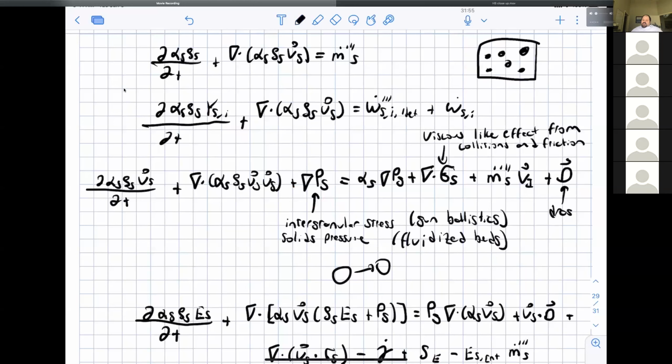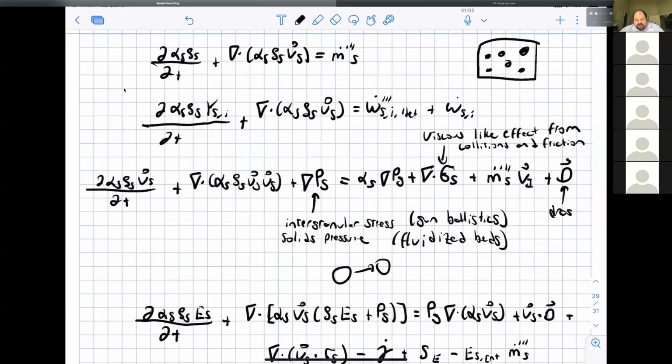What this term accounts for, if you saw in that movie, is all sorts of particles banging into one another. Those particle collisions produce pressure-like forces, and those pressure-like forces are called solids pressure or intergranular stress.